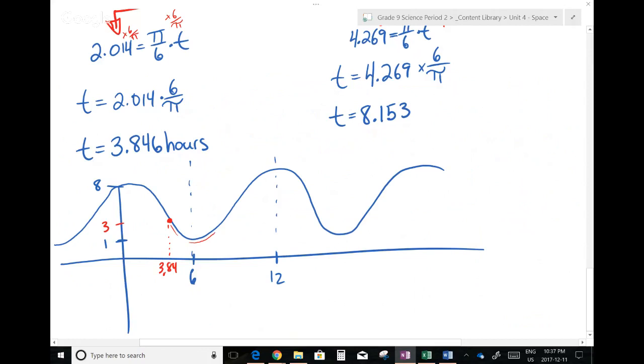And then again, at 8.153, we hit it again.